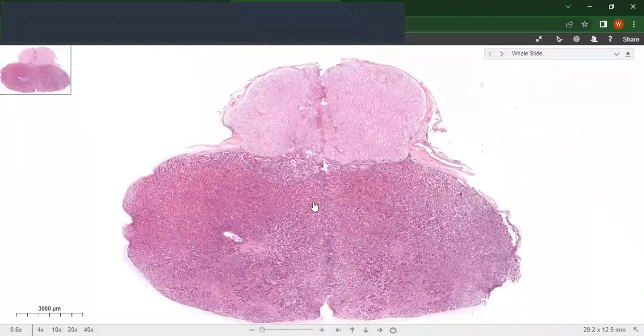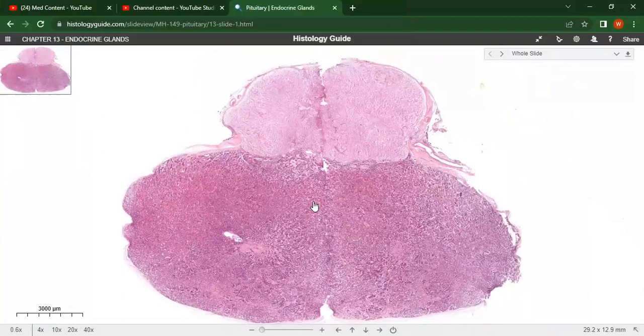Anterior to the intraglandular cleft is the pars distalis. Posterior to the intraglandular cleft is the pars intermedia, and the pars tuberalis is located around the infundibulum. Remember, the infundibulum is the one which connects the pituitary to the hypothalamus.